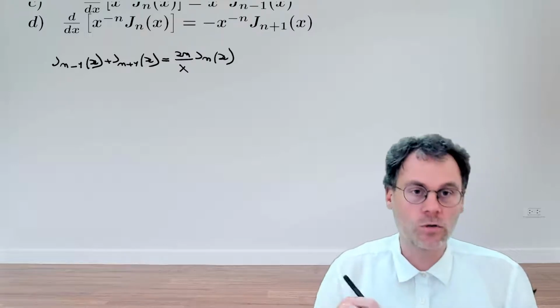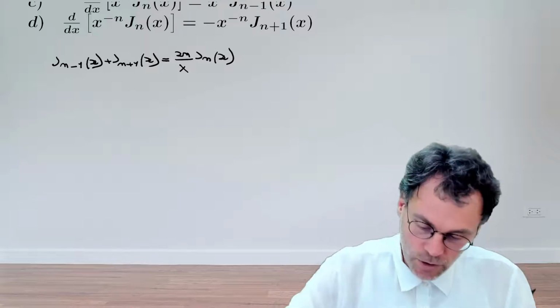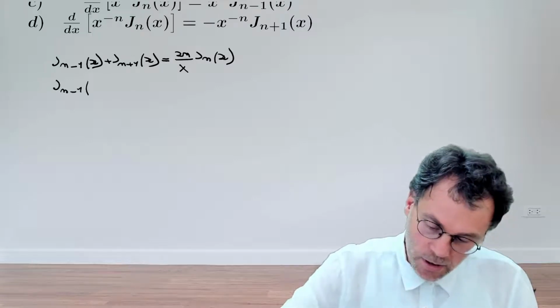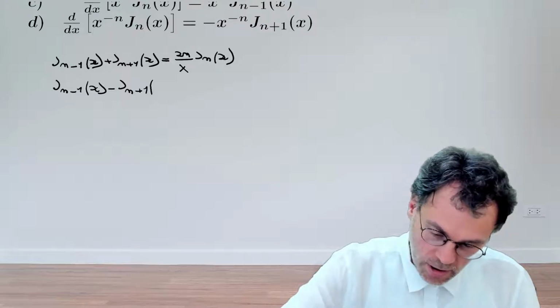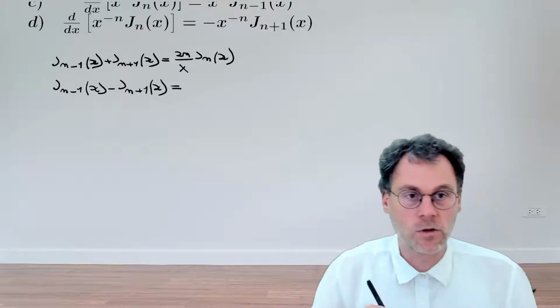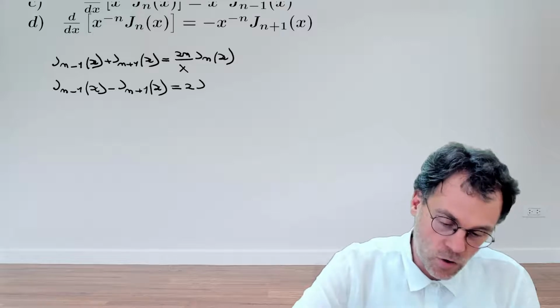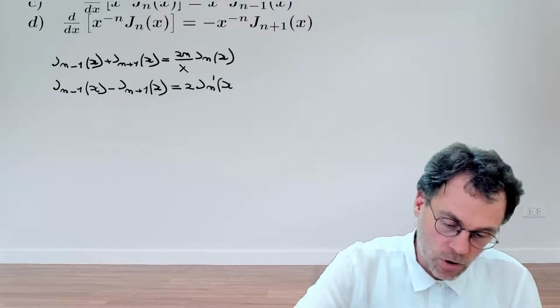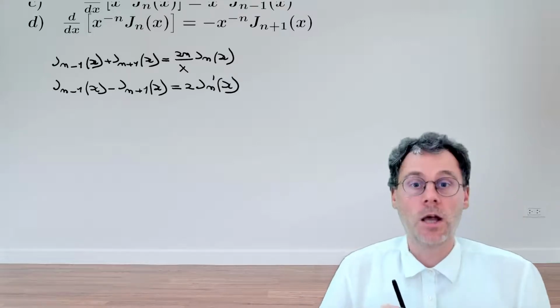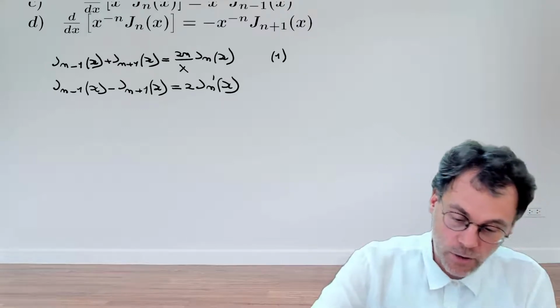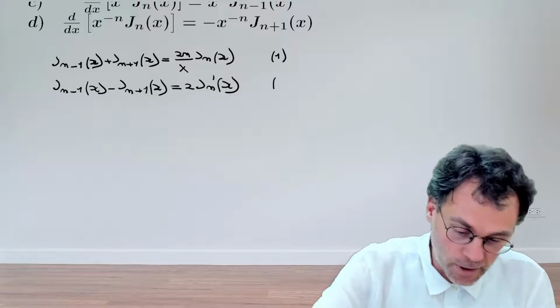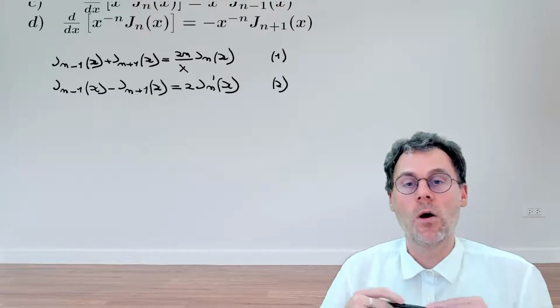And we've also shown that if you take the derivative with respect to t, you get something that looks similar, with the minus sign over here. And then finally on the right hand side, we have 2J_n'(x). So these are useful equations to keep in mind. Let's call the first equation 1, for example, and then the second equation 2, obviously.